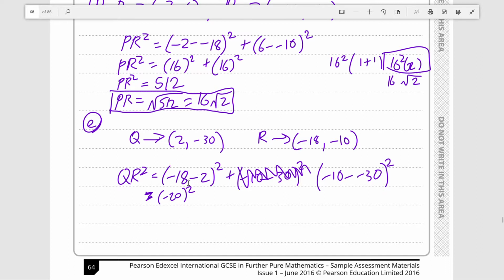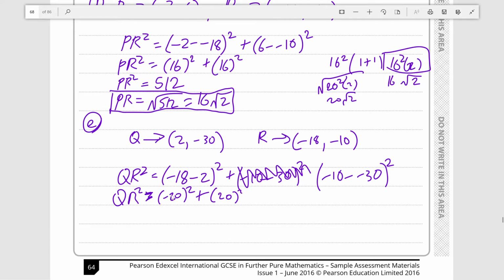And you'll get -18 minus 2 is equivalent to -20, so it's -20 squared plus, and then -10 minus -30 is -10 plus 30 is positive 20, so -20 squared plus 20 squared. Of course, these two expressions are equivalent, and you could do the little factoring trick from earlier, because you'll get 20 squared times 2, and if you take the square root of the whole thing, you'll get 20 times root 2. But of course, I will evaluate this in another proper way if you would like me to.